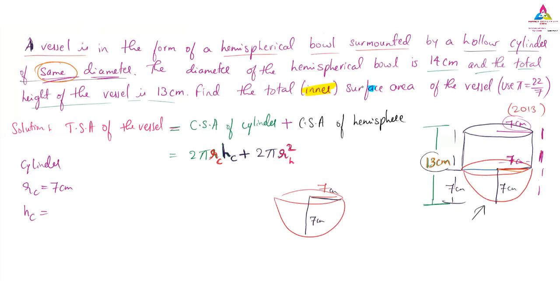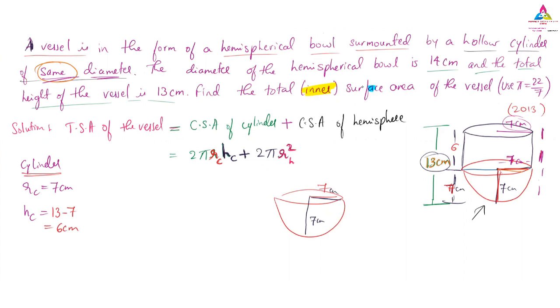Because in total we must get 13. 6 plus 7 is 13. So the height of the cylinder is nothing but 13 minus 7, that is equal to 6 centimeter.